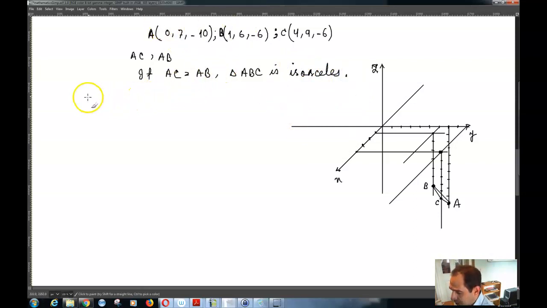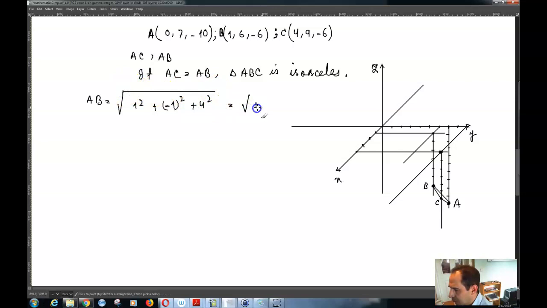So now AB is equal to the square root of 1 squared plus 6 minus 7, which is negative 1 squared, plus negative 6 plus 10, which is 4 squared.